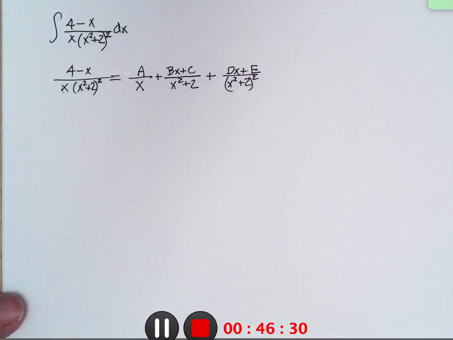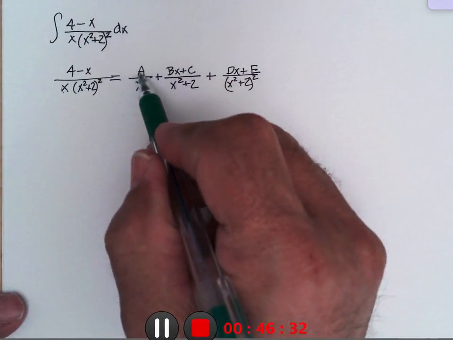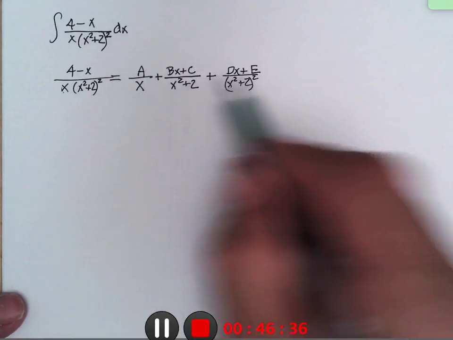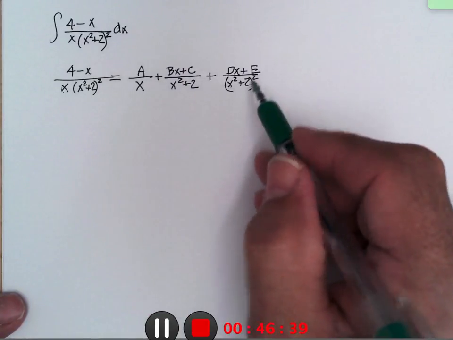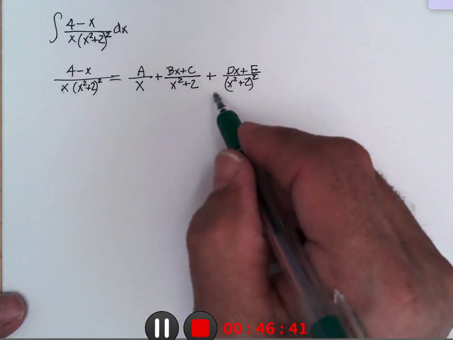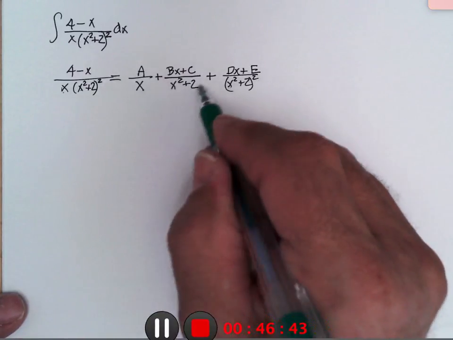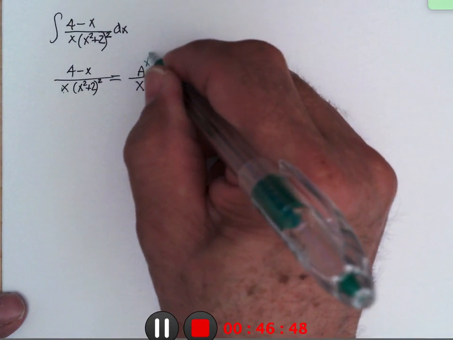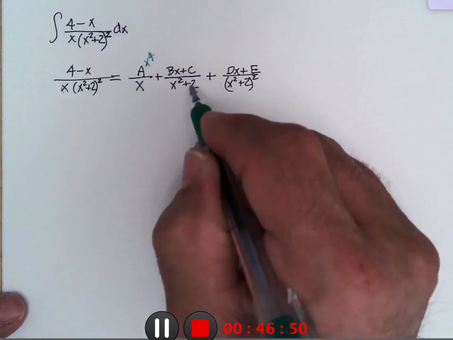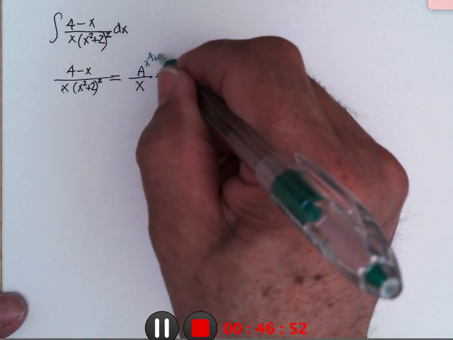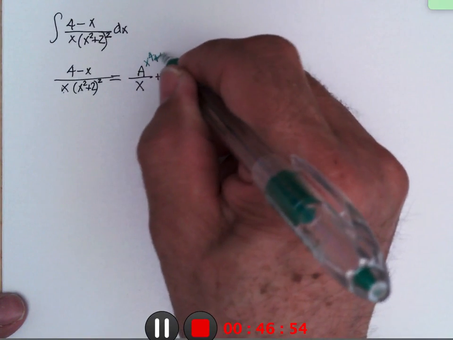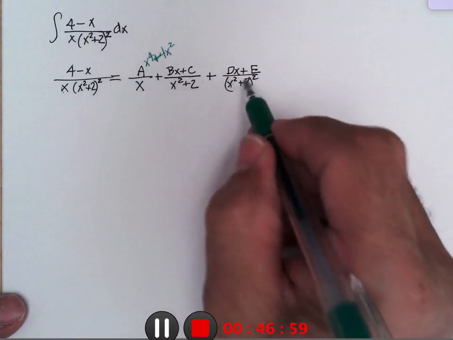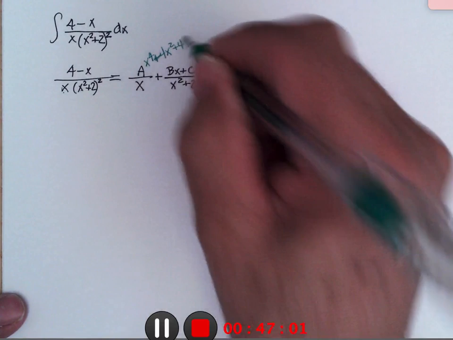So a needs to be multiplied by x squared plus 2 squared, so x squared plus 2 times x squared plus 2. Multiplying those gives x to the 4th plus 4x squared plus 4.